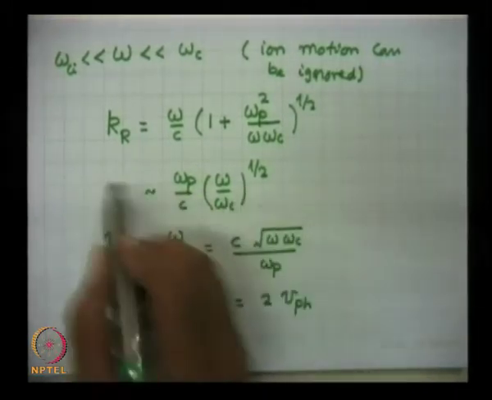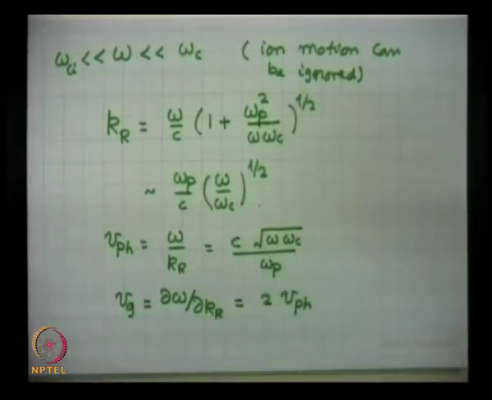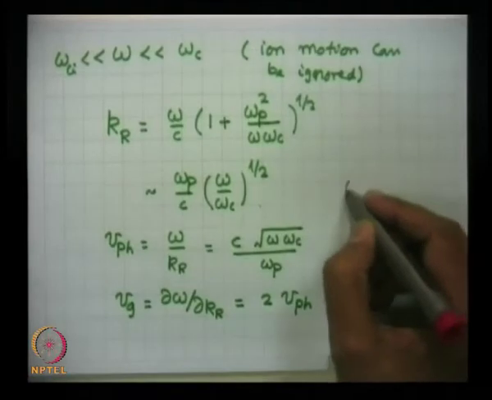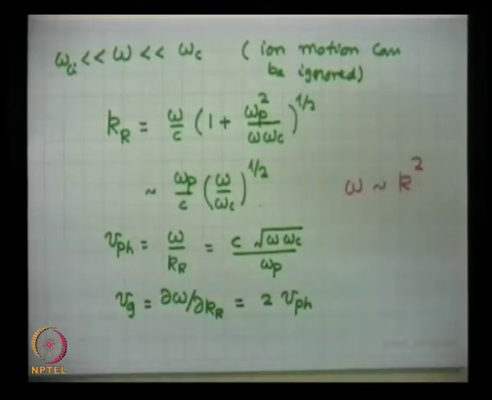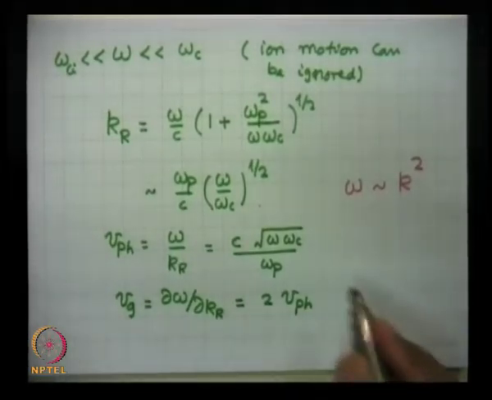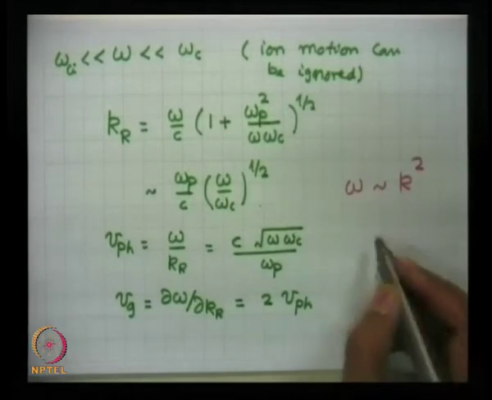From here you can check that omega is proportional to k square. You square both sides and you will see that omega goes as k square. Well, this special kind of wave where omega goes as k square is called Whistler wave.